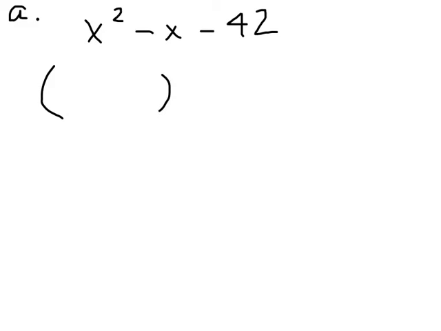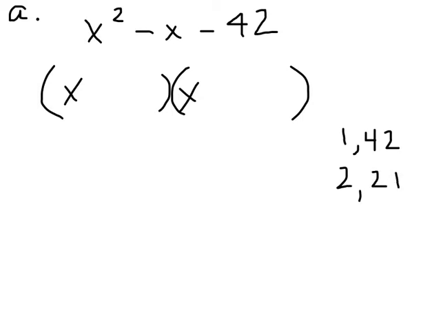Let's draw our 2 parentheses, and we know that the first 2 terms are going to be x times x. Then we're going to think about the factors of 42. Well, we've got 1 and 42, 2 and 21, 6 and 7, and of course all those could be reversed.